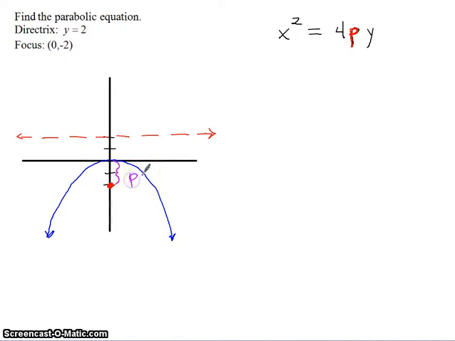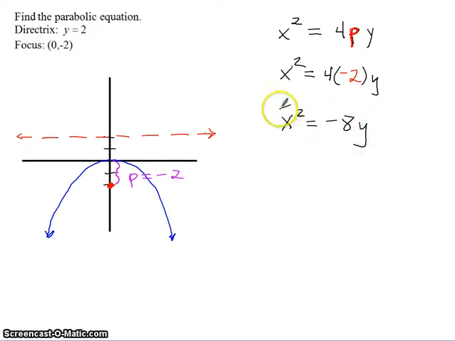So because we're face down, p is going to be equal to negative 2. And we simply need to plug in that p-value of negative 2 to come up with the equation of the parabola. We have x squared equals 4 times negative 2 times y, and that gives us x squared equals negative 8y. And that's it. That's the equation of our parabola.